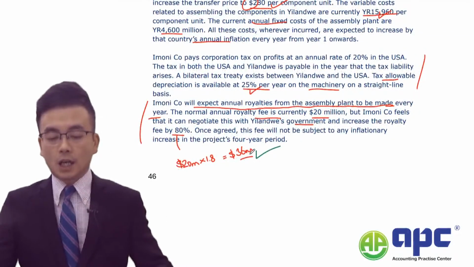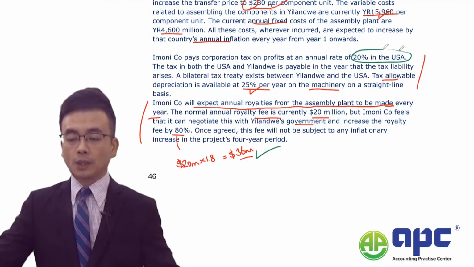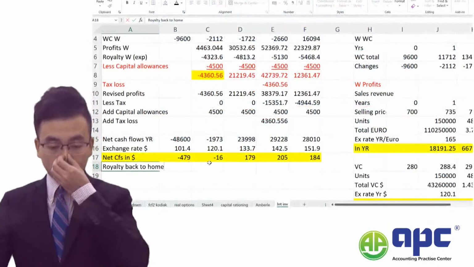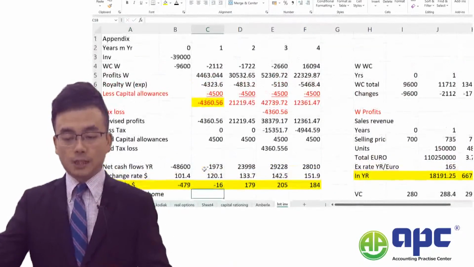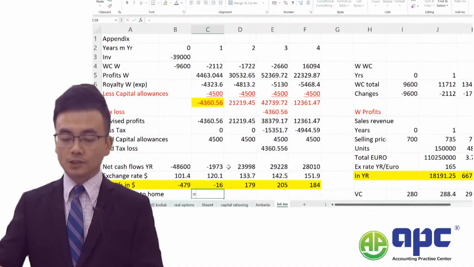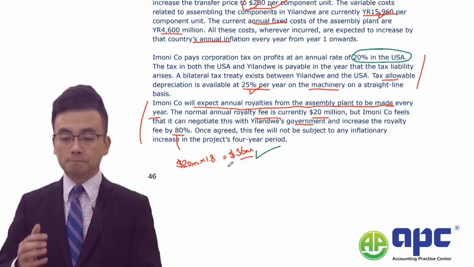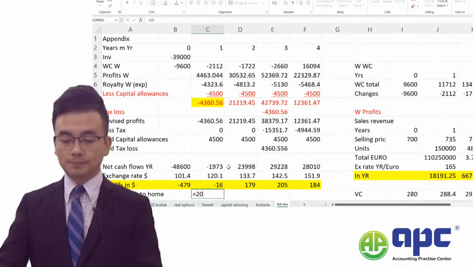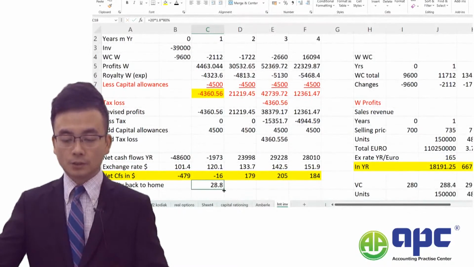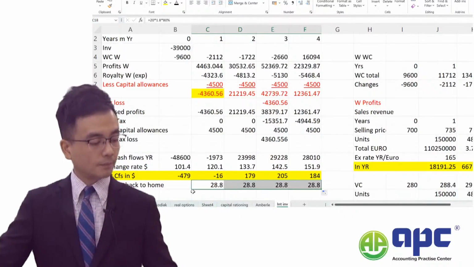However, in our country, we need to pay tax in the USA of 20%. So in each and every year we take that 20 million times 1.8 and times 80%, so we receive 28.8 for each and every year.